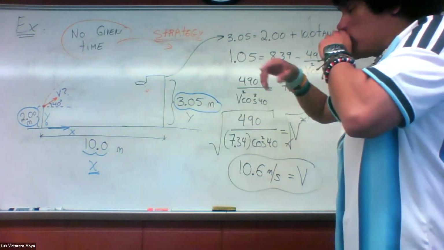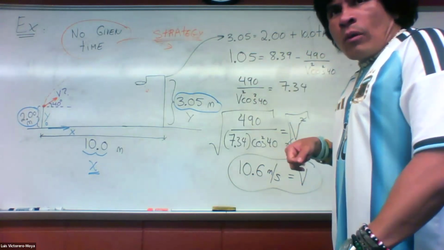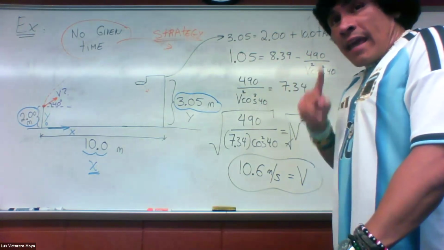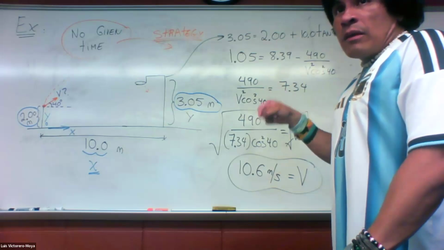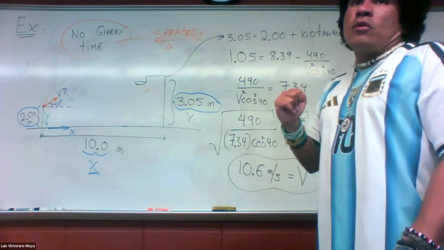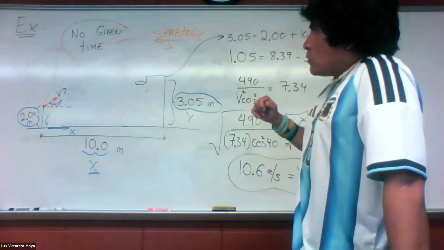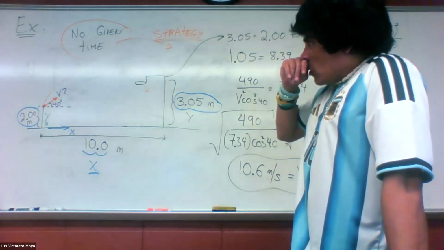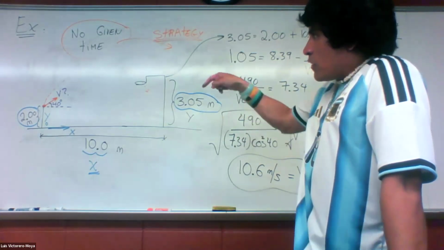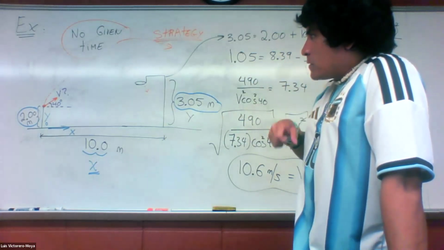Like for example, this, I don't think there is a problem on WebAssign like this. However, Cengage, these problems that I have done today, the three of them can be found in the textbook. So if you go, for example, to chapter 3 in the textbook, if you go to the problem section, that's where you find this situation. So you can always take a look at that.